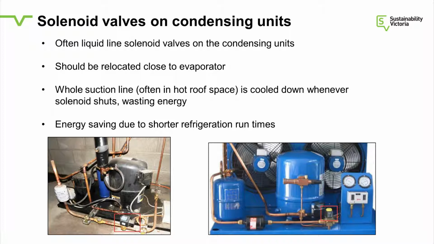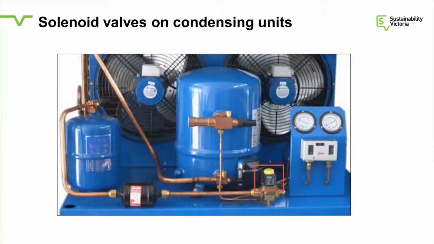So that solenoid valve on the picture on the left, I think it actually goes into a bigger picture. If you see that one there, there's the little red box around the solenoid valve. Condensing units like these are supplied with solenoid valves because very often the condensing unit is placed right on top of the cool room, and then it's okay to have the solenoid valve there.